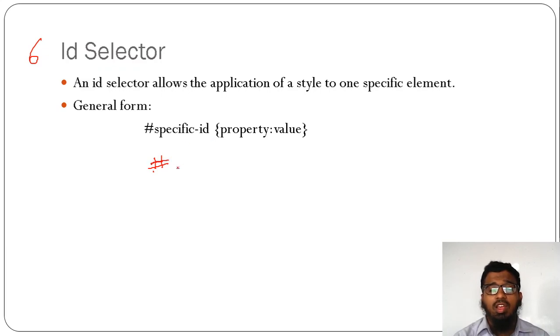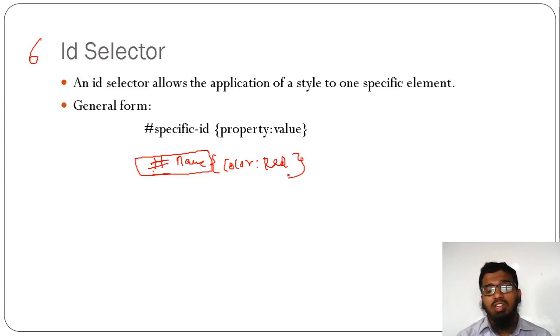I can give any kind of ID, whatever is easy for me. Name, color is red. If I give it like this, then the element with that name ID will have its color changed to red. So this is about all 6 selectors.